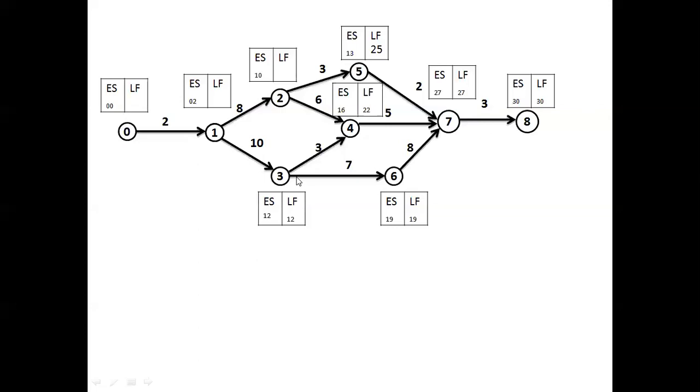So that is why, if there are two outgoing activities, the latest finish time for the event should be the minimum among these two. 22 minus 3 is 19, and here 19 minus 7 is 12, and among 19 and 12, 12 is the minimum, so you have to consider the 12.